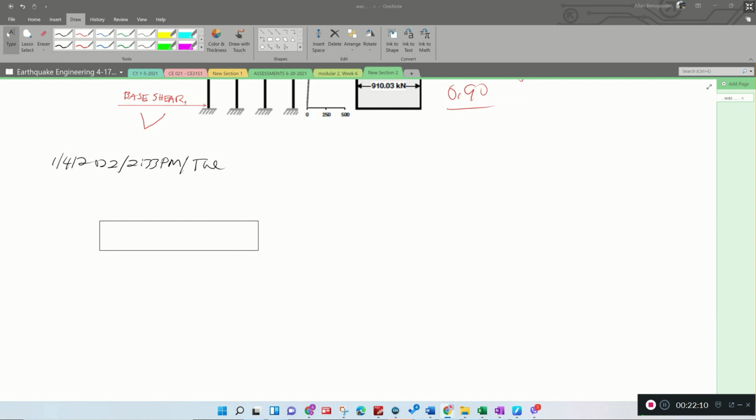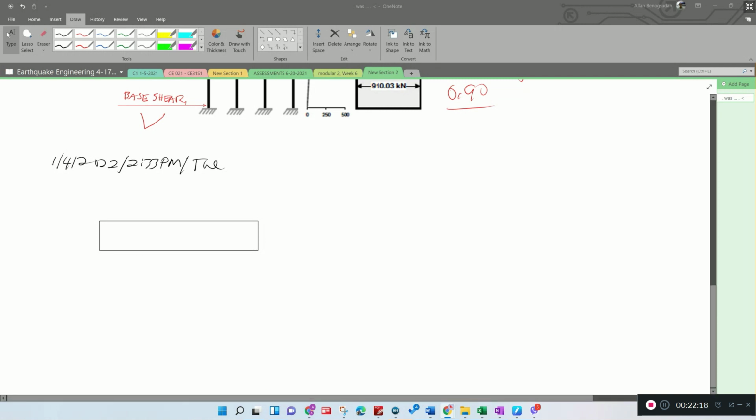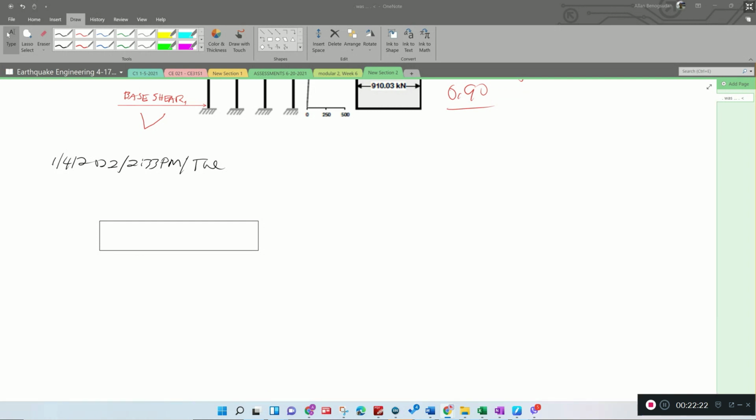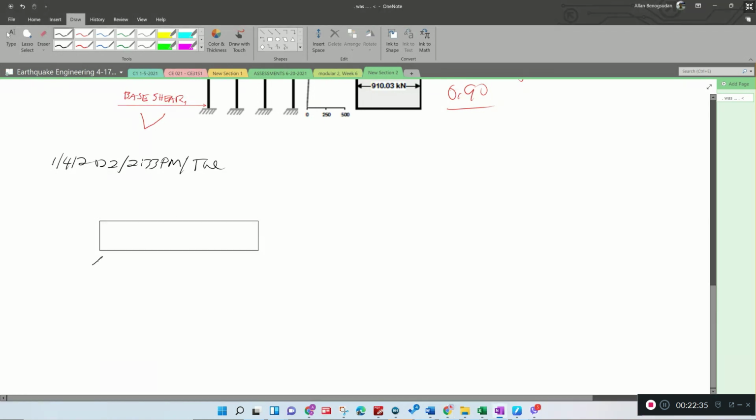For example, this is the problem. I think I have given this one. Anyway, you just tell me if I have given this to you as part of the handout. But this was my final exam before. I'm not going to put the problem anymore.